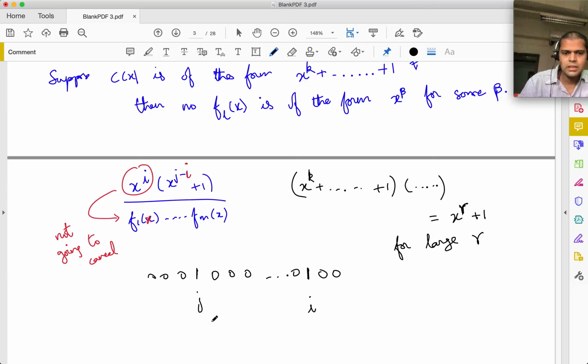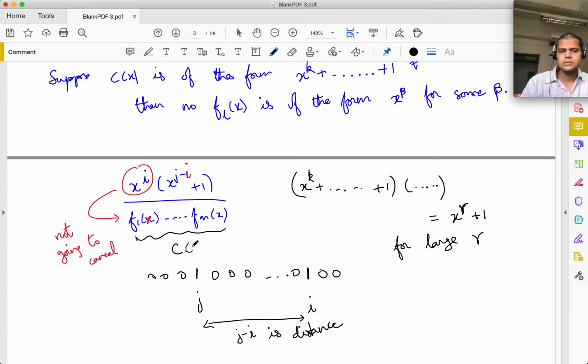So j minus I is just the distance between this. Okay. So it's possible that if the distance between these is quite large, if you haven't chosen the c of x appropriately, c of x might actually be able to divide this, which means that we won't be able to detect that these bit errors occurred.